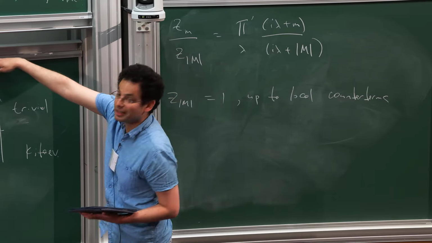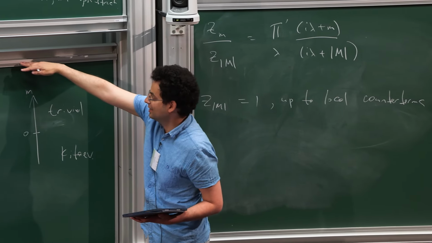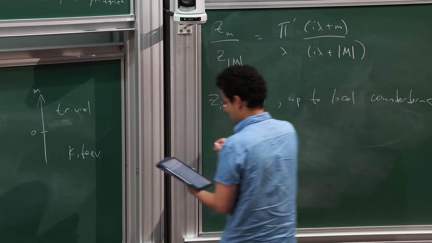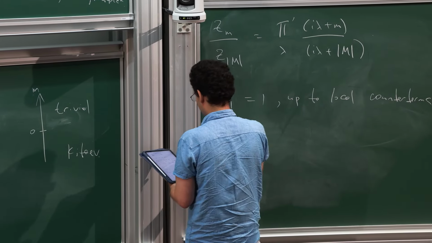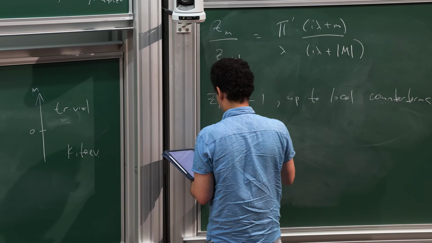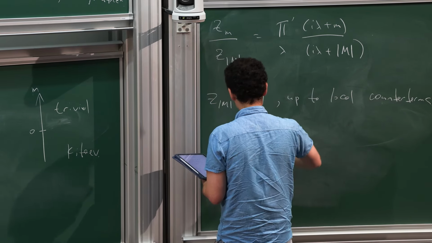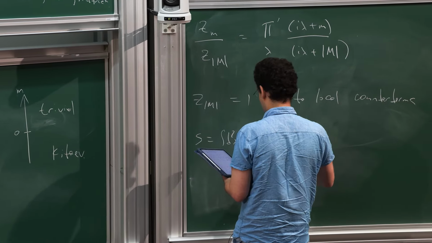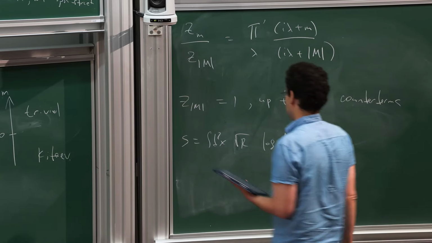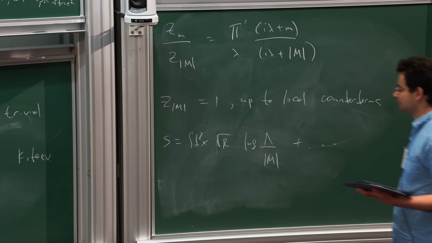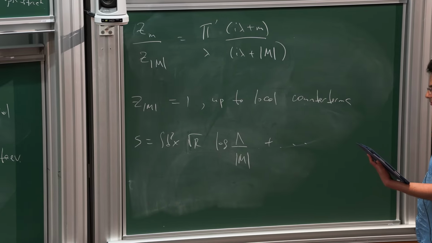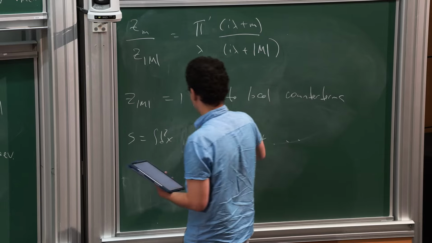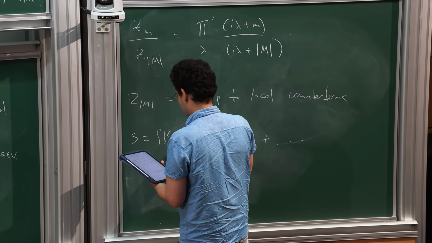So I start with infinite mass, and then as the mass is decreased, you might generate some local counter terms, say, maybe a cosmological constant, log lambda over mass, root G. Okay, this is actually not a cosmological constant.